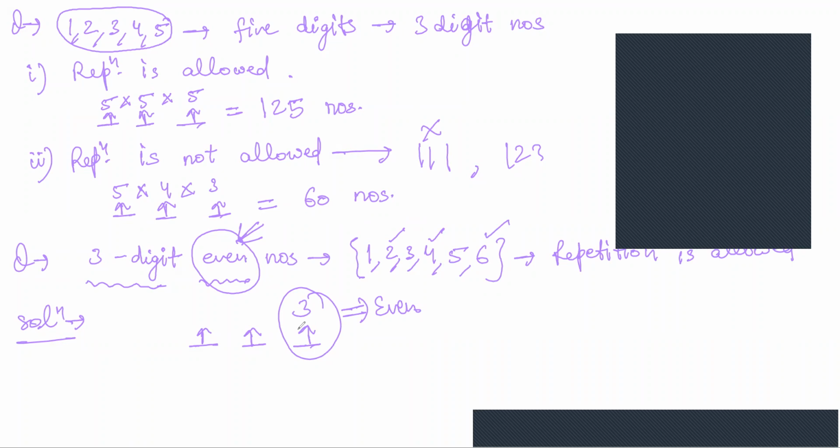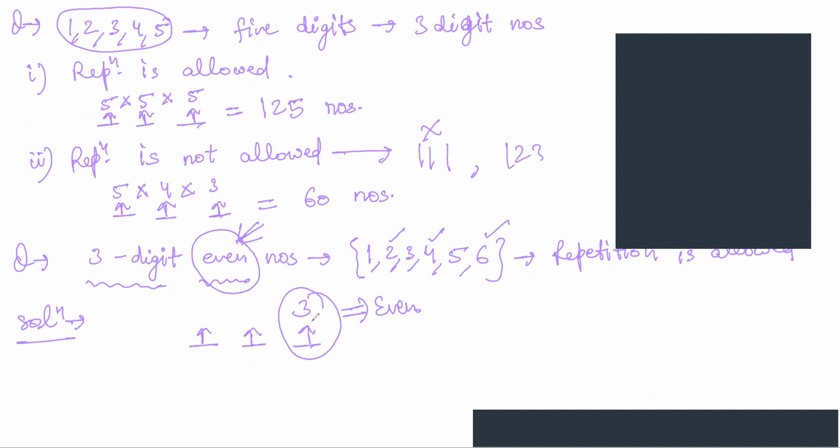Now you can fill any of the 2 places. I mean, you can start filling them randomly, however you want. But the first place to be filled should be the place at which the condition is working. The condition was we have to make even numbers. So at third place, we first filled our choices. We have 3 choices for third place. How many choices will we have for second place? Total 6 numbers.